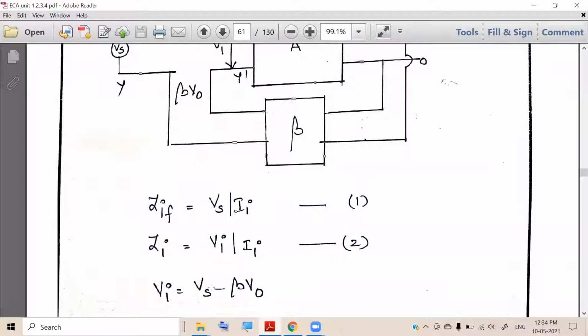Answer please. If VS is 0 here, what is VI? Easy question. Fast please. Very easy question, it's not at all difficult.